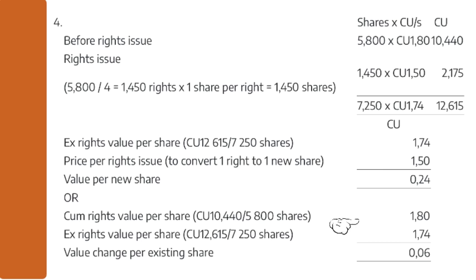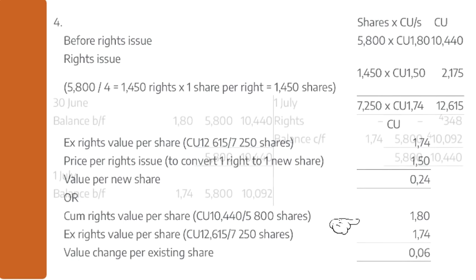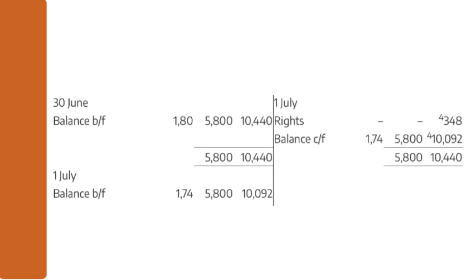And that drop of 6 cents per share is the value you transfer from your shares account to your rights account. So if you look in your ordinary shares account, your shares were at R1.80 each. We are taking them down to the X rights value of R1.74.